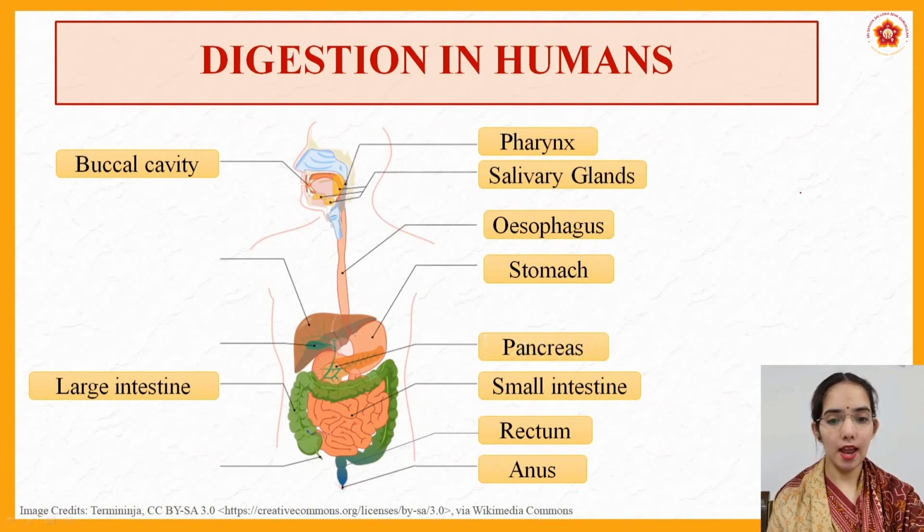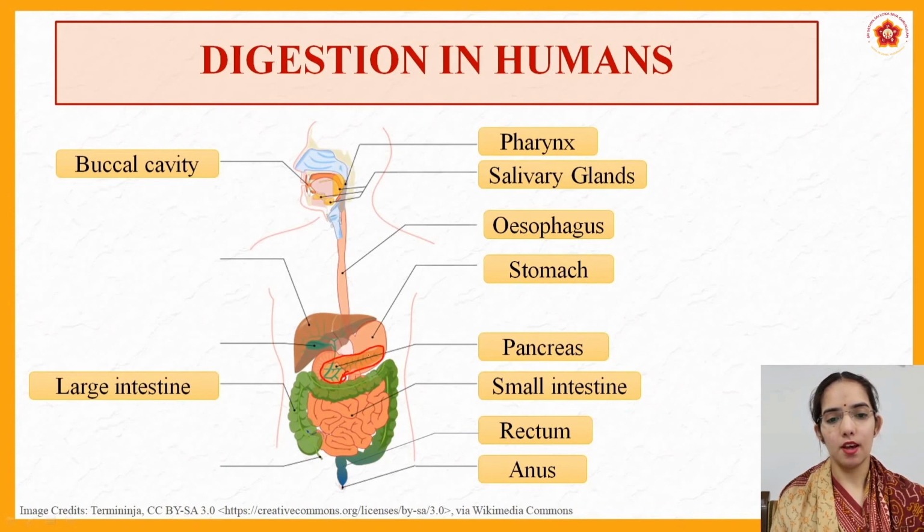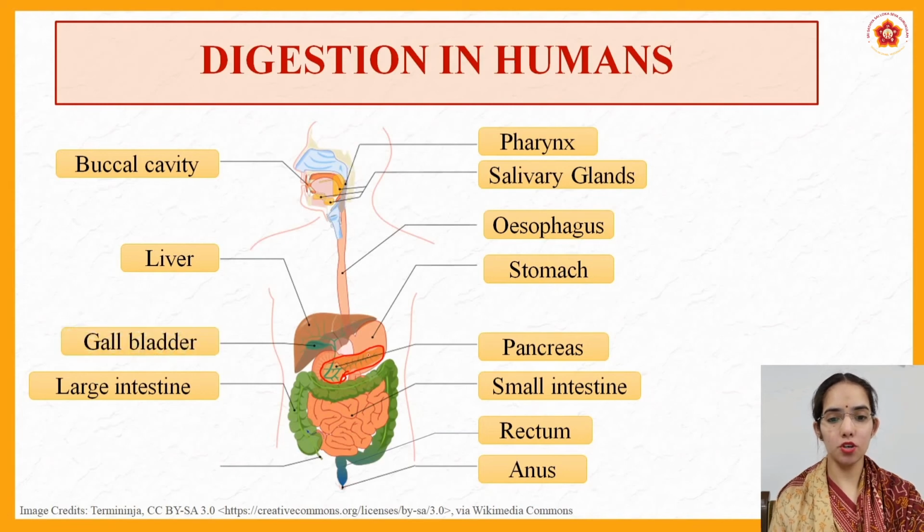Then the second gland is pancreas. This leaf-like structure present over here is called the pancreas. Then the third gland is liver, and its secretions are stored in a bag-like structure called gallbladder.